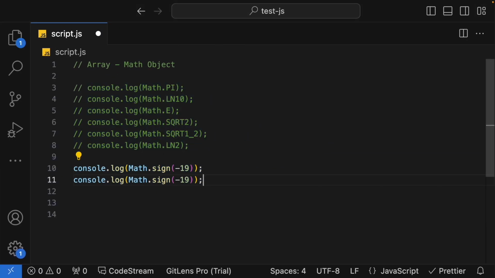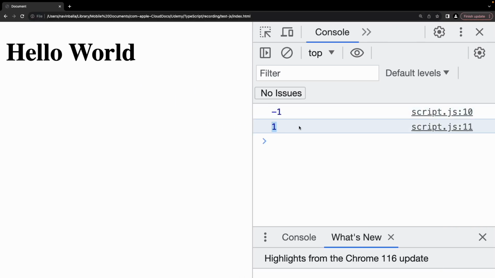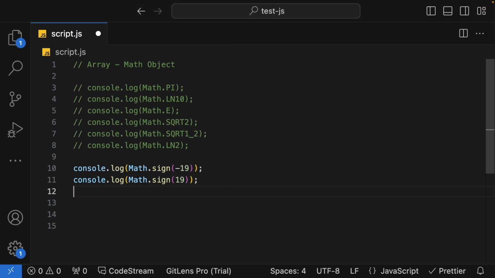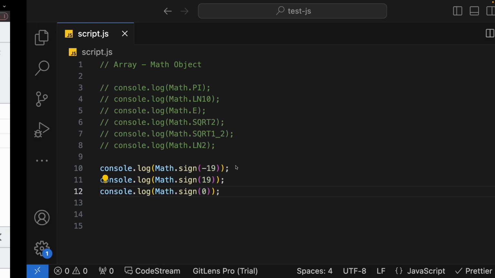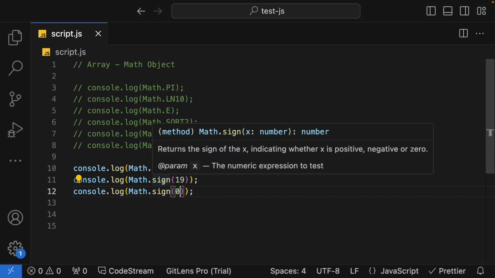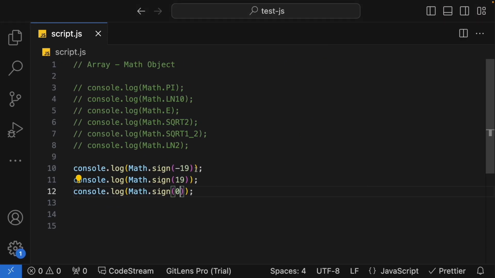That's perfect. Let's give +19 and see, we are getting +1. Let's do the same with the number 0. We get 0. So this sign method always returns only three outcomes: -1, +1 and 0. It is used to identify whether the given number is negative, positive or zero. It might be needed many times when you're performing some calculation or using some algorithm.